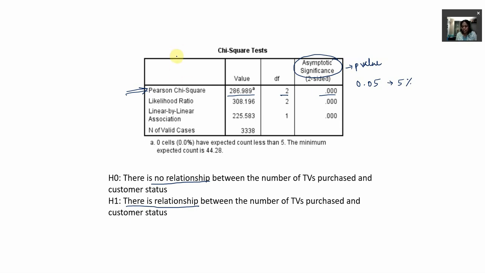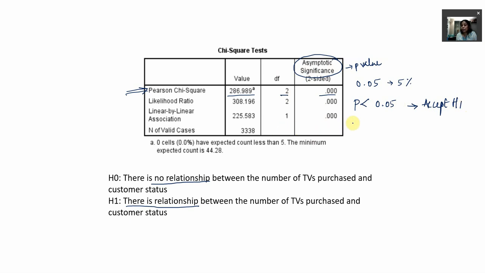So here it states that your p-value should be less than 0.05 in order for you to accept your alternate hypothesis.